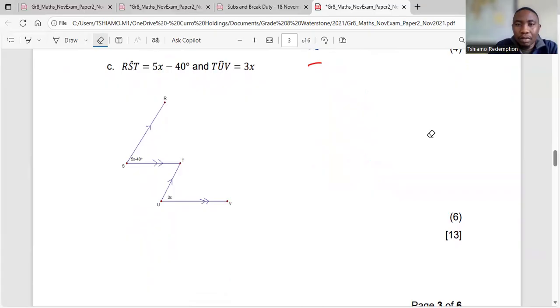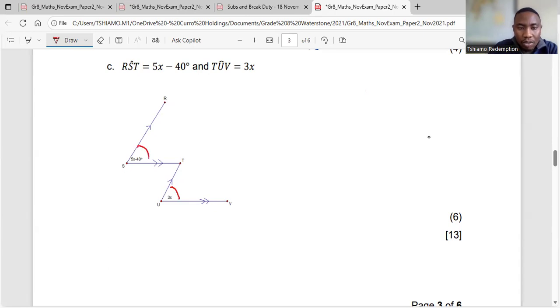Okay, there's this. Now we're given that, and we're given angle S and angle U to find 3x. So how are you going to find this one? We need to find a linking angle between this angle and that angle.